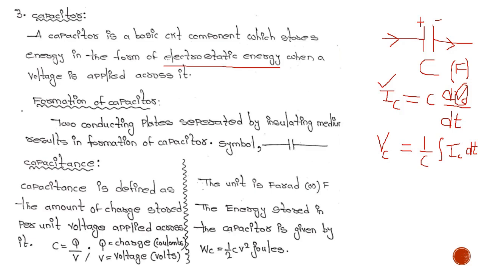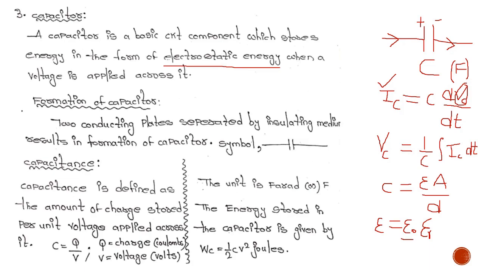In a similar way, if you want to calculate the capacitance value using the physical parameters, you can get it using this formula: capacitance C is equal to epsilon into A by d. What is epsilon? Epsilon is the permittivity. Epsilon is equal to epsilon naught into epsilon R. We saw the same in the inductor, but there we used mu, which is permeability; here epsilon is permittivity.